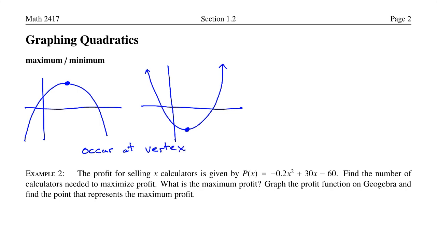So the vertex is the point where the maximum or minimum occurs on a quadratic, on a parabola. And we have a formula for finding the x value of this vertex. And that formula goes like this.